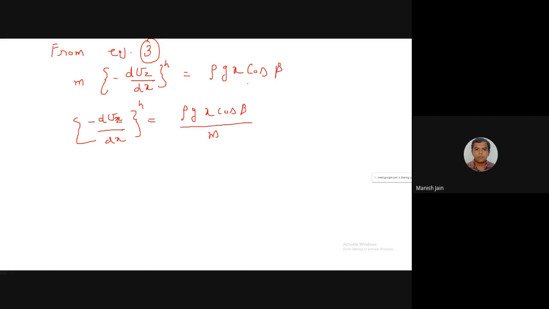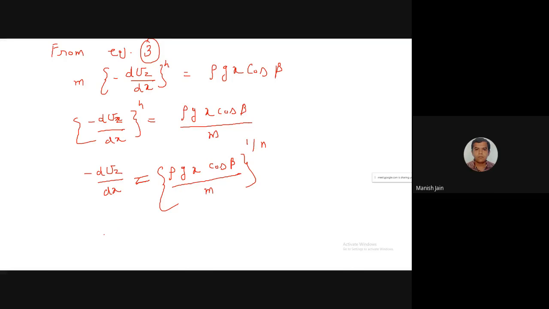Now if you take the nth root here, you will get minus dvz by dx equal to rho g x cos beta divided by m, to the power 1 by n. Now you take the minus sign again here and integrate this.